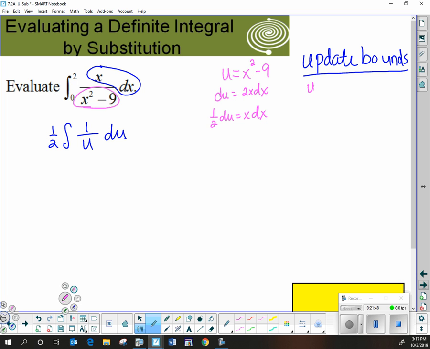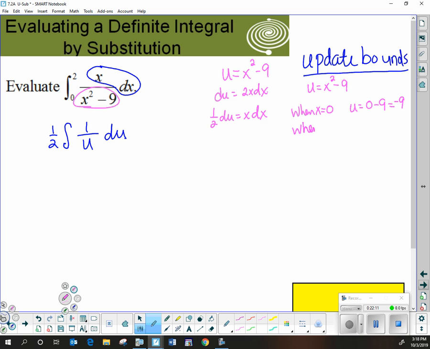So I know I have this relationship that u is equivalent to x squared minus 9. So when, not let, when x equals 0, u would equal 0 minus 9 or negative 9.